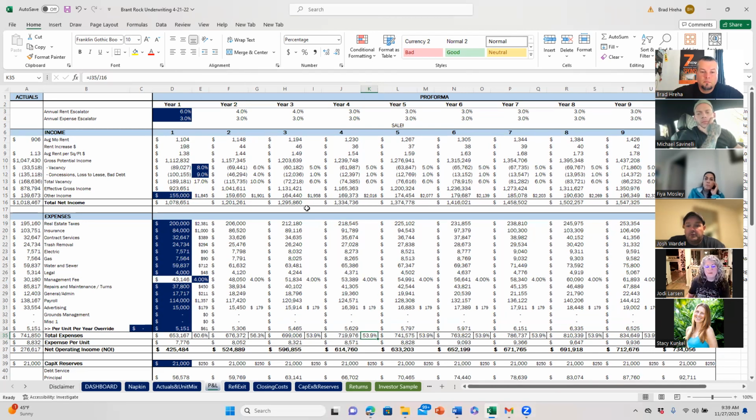What did you say was a good average expense to income ratio? It depends on the property. I mean, a brand new Class A property could run at about 35%.